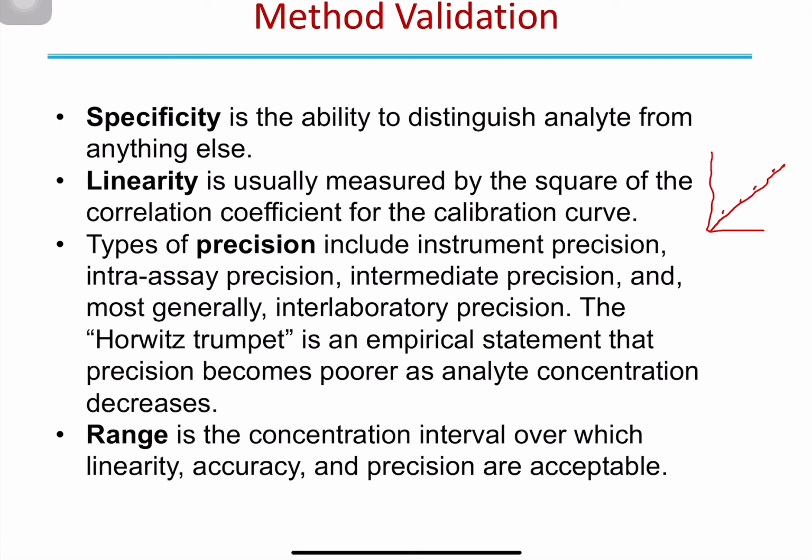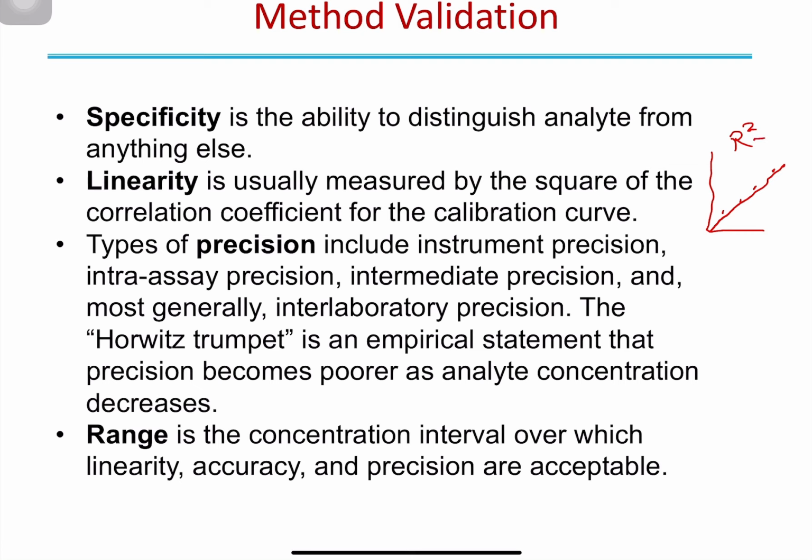And usually when you do that using any software, you will find the R squared value. The R squared is the square of the correlation coefficient for your calibration curve.